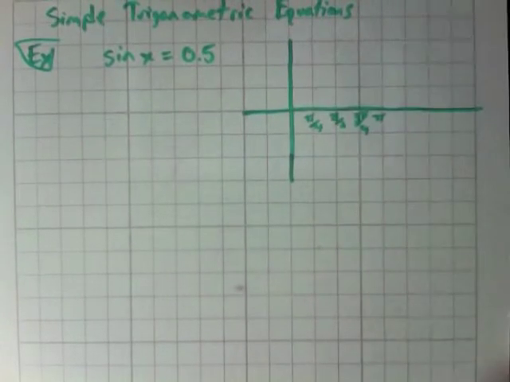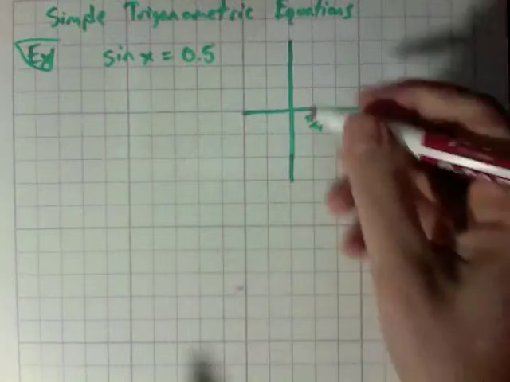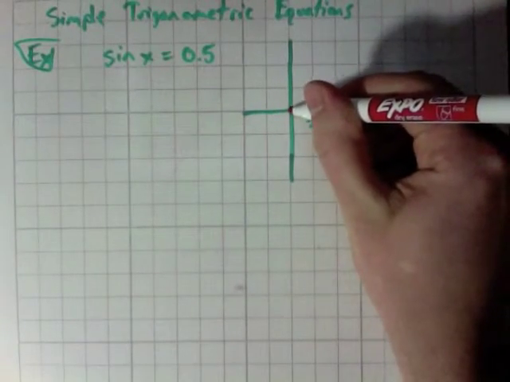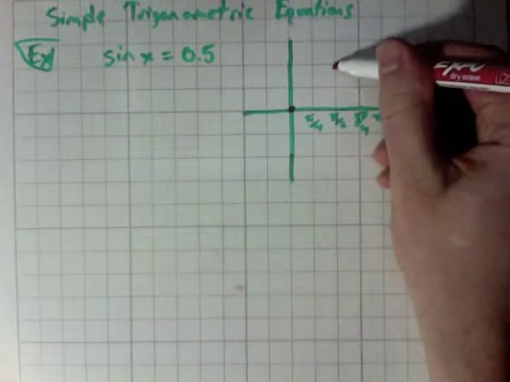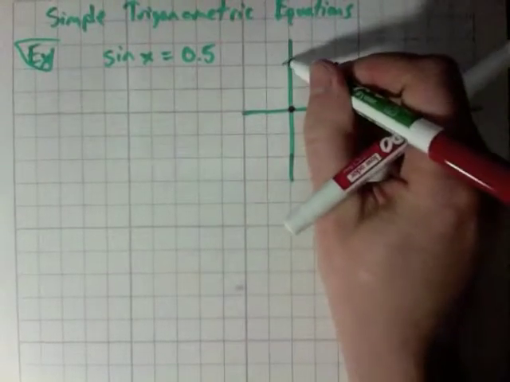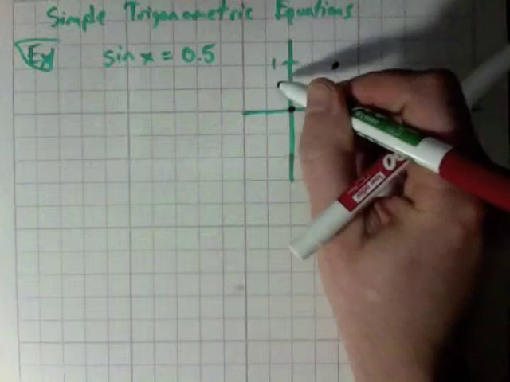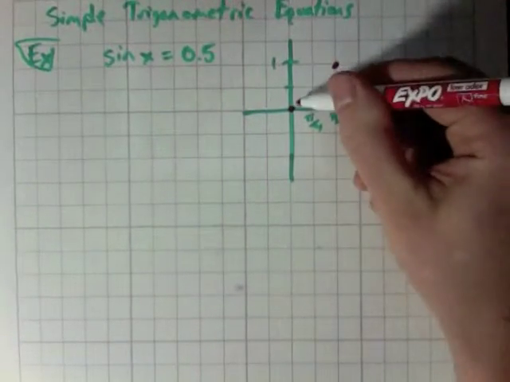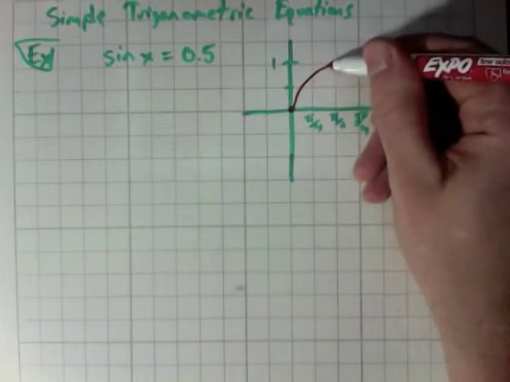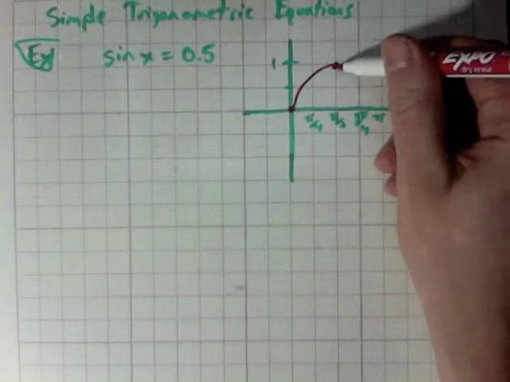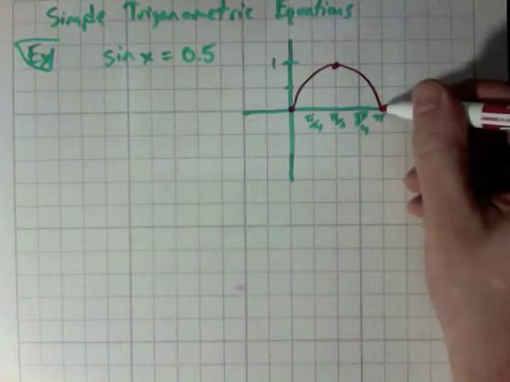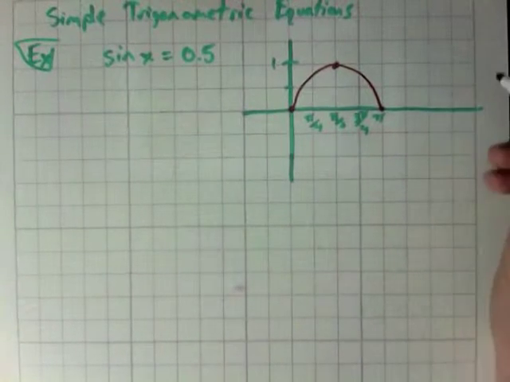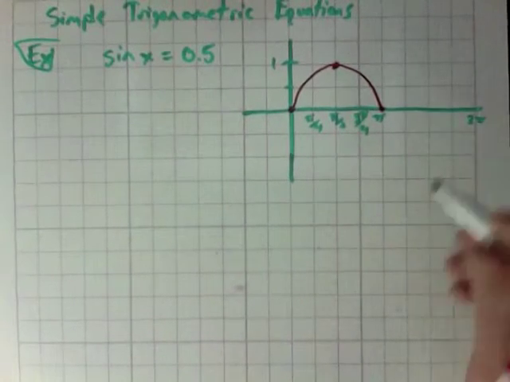Sine follows this pattern, where sine of 0 is 0. Sine of pi over 2 would be up at 1, if we label this as 1. We have a curve somewhat like this, and then it comes back down to 0 when it reaches pi, and over here at 2 pi.